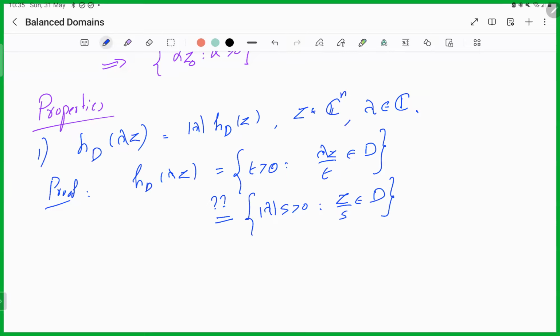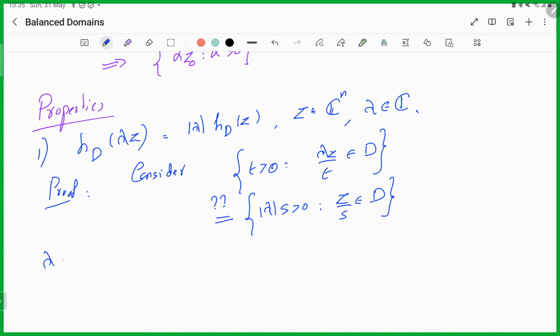This is an infimum, so consider this set and its infimum. These two sets are equal. If these two sets are equal, it is done. How do these two sets become equal? We use the property of balancedness.